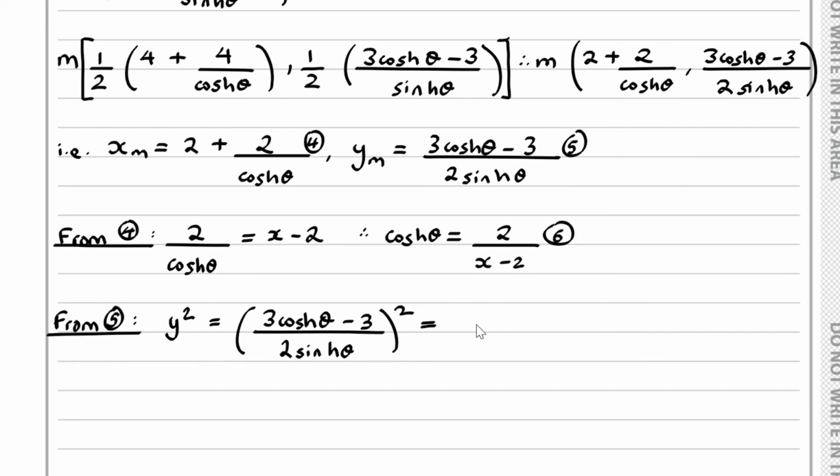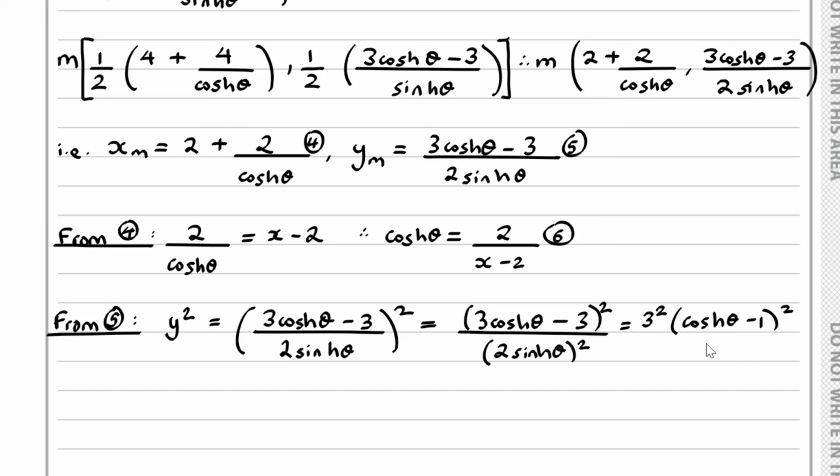On the top we have 3 cos theta minus 3 all squared over 2 sine theta squared, and on the top we can factorize out a 3 squared, so we have 3 squared lots of cos theta minus 1 squared, and on the bottom we have 4 times sine squared theta.